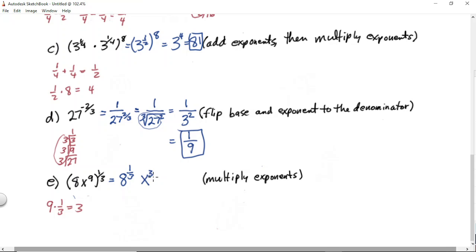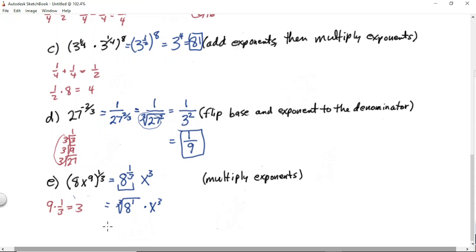So x to the third, we're done with that. We're not going to do anything further with that. But 8 to the 1/3, that's the one we have to work on. And that's the one we will put into radical form. So that's 8 with an exponent of 1, since that's the numerator, and an index on the radical of 3. Okay, and we bring down the x to the third. It's not inside the radical. Move it over a little bit to make that clear.